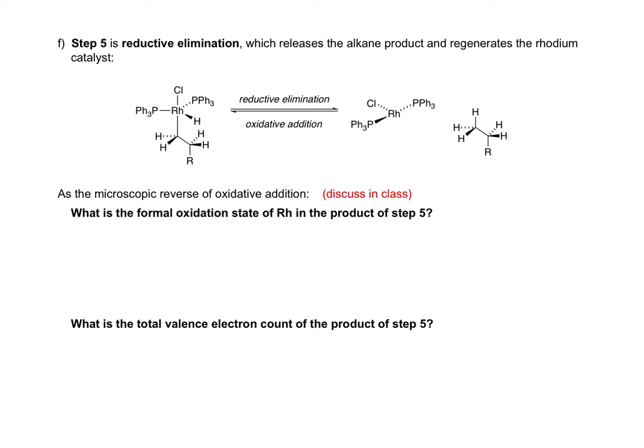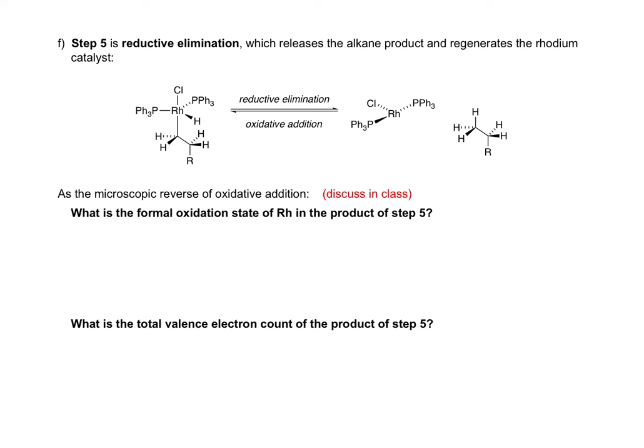This regenerates chlororhodium bis-triphenylphosphine and releases an alkane product, in which the elements of dihydrogen have added to the pi bond of the alkene.